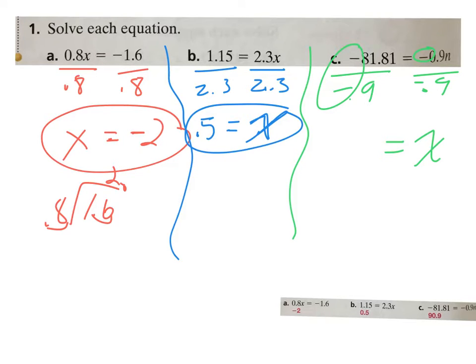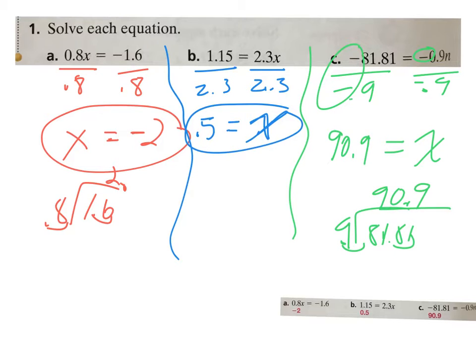So 0.9 going into 81.81. Bump the decimal, bump the decimal. So it goes into 81, 9 times, right? Then we get a 0, and we have to bring everything down. And there we go, end up with 90.9. Again, it's a positive 90.9 because negative divided by negative is positive.